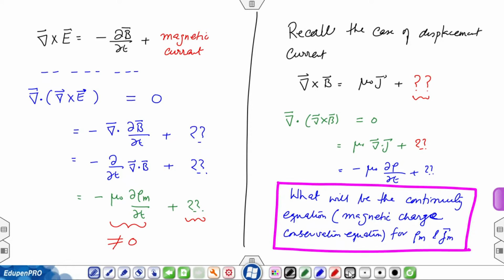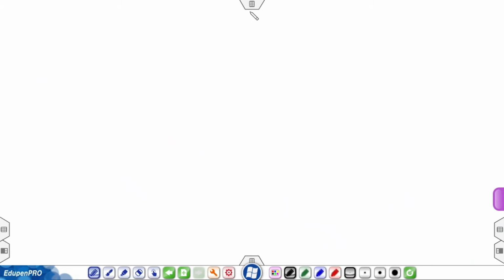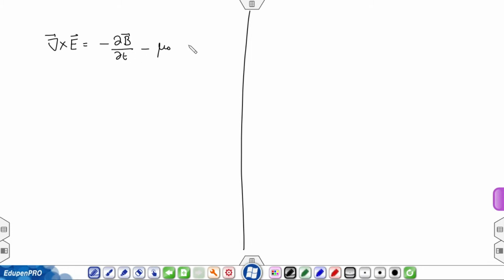And it is this continuity equation which I am going to use to write that extra thing. Once you write that continuity equation, what you are going to get is that curl of E is going to come out to be minus dB dt minus mu naught J m. I will leave it for you to work it out, look through the continuity equation.